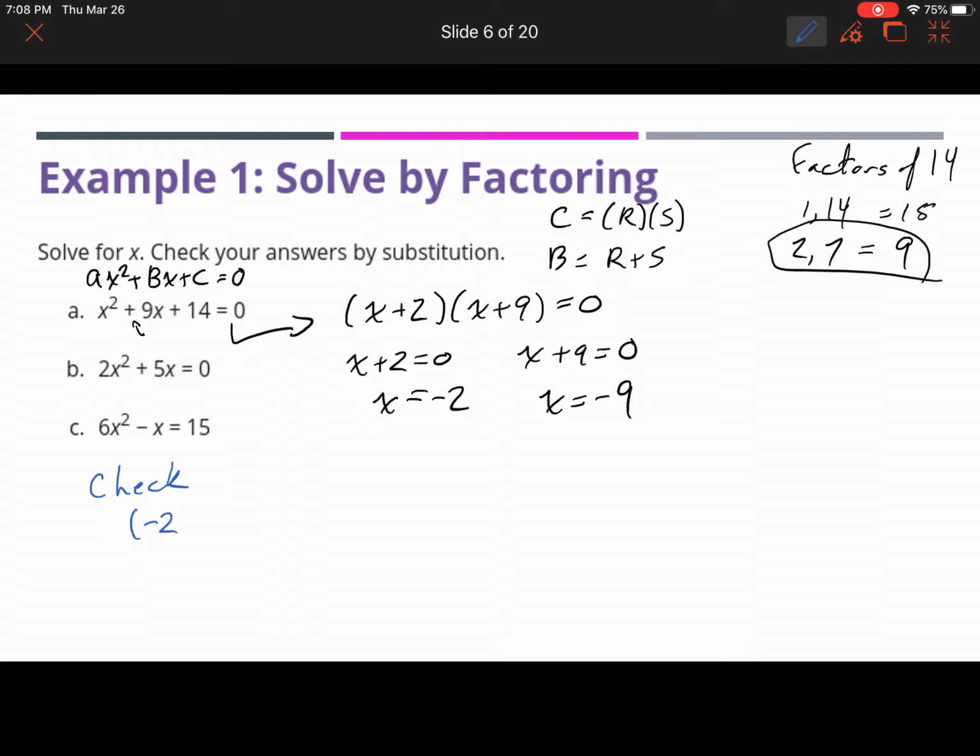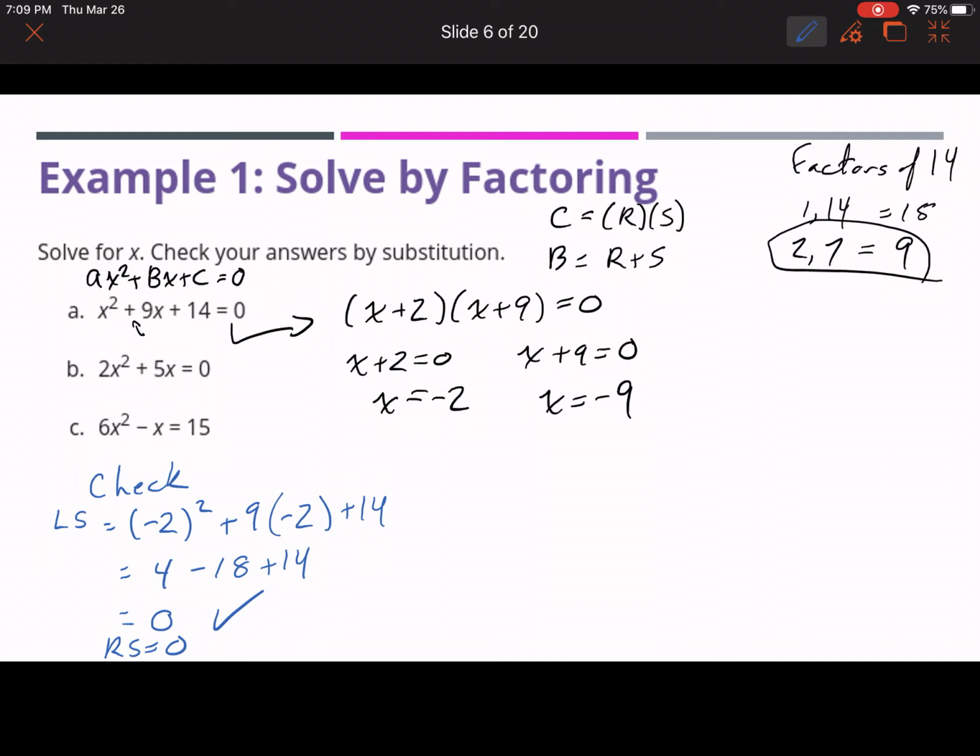Always go back. So our left side, again, use your brackets correctly or you will make a mistake. And that equals 0. And since our right side equals 0, those are correct.